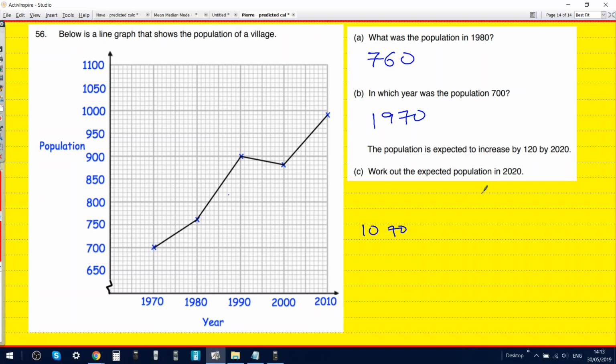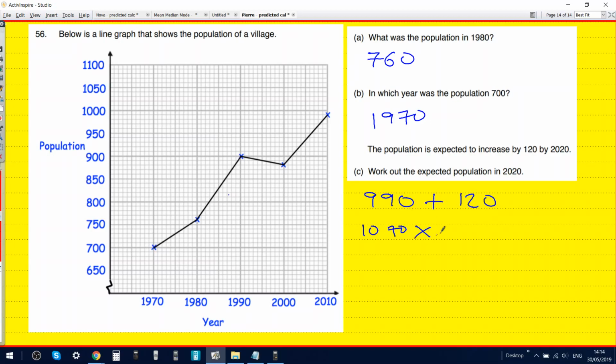The last one is actually 990. And it's going to increase by 120. So that would be calculator. 20 plus 120. That's 1110.